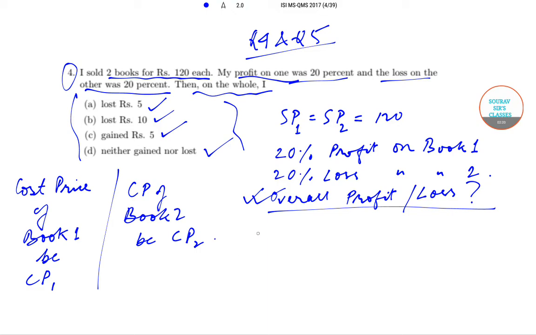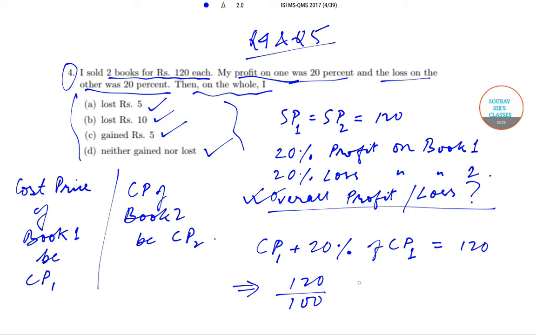So as per the condition we can write that cost price of 1 plus 20% of cost price of 1 is equal to rupees 120. So this can come down to 120 by 100 upon CP1 is equal to 120. So this implies that CP1 is equal to 100. So the cost price of the first book was rupees 100.